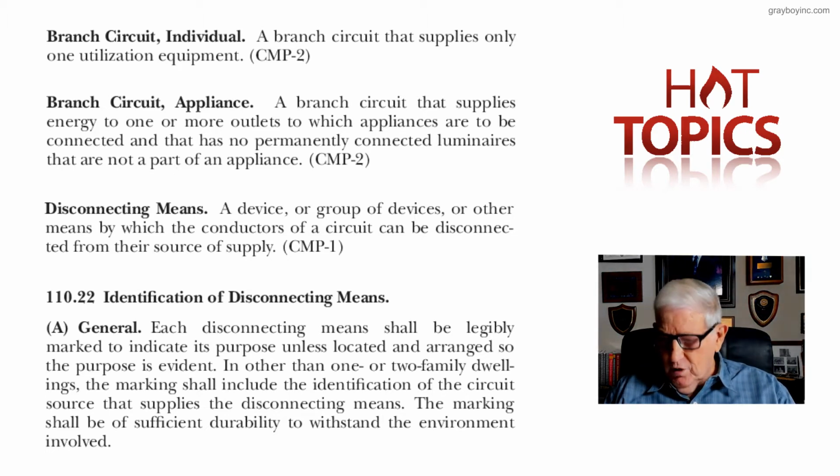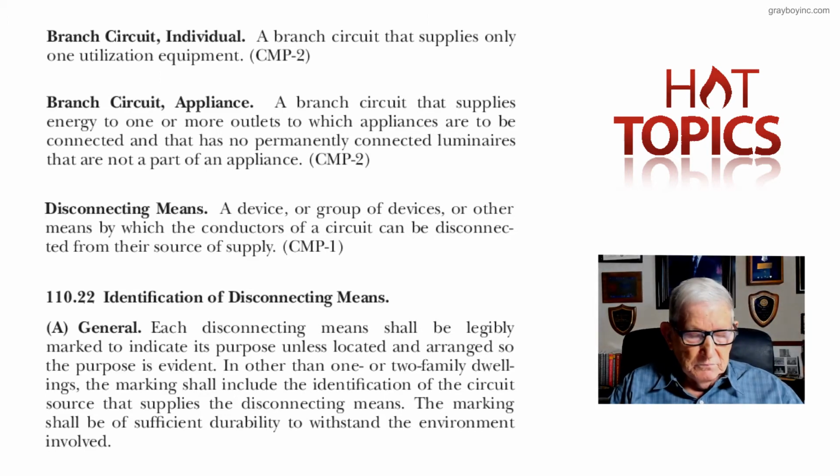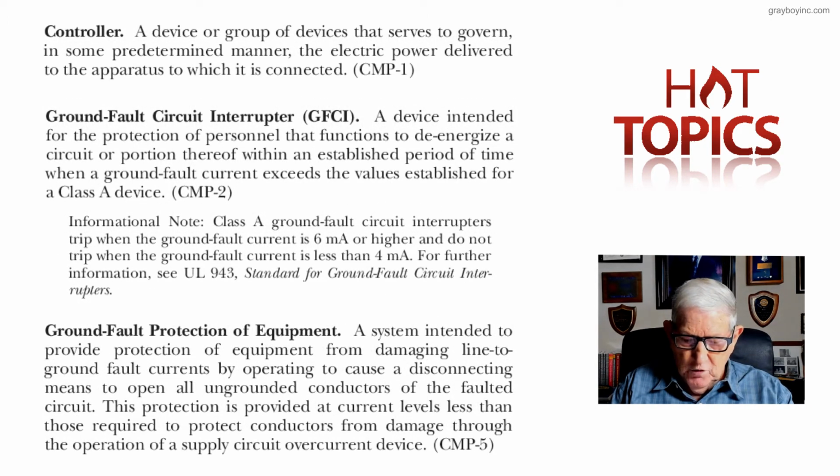Now if you'll turn to page 34 with me, if you have your code book handy, or maybe you're just listening, we go over to the definition of a controller that we want to look at. On the right-hand side of the page at the top, under the title head controller, it's defined as a device or group of devices that serves to govern, in some predetermined manner, the electrical power delivered to the apparatus to which it is connected.